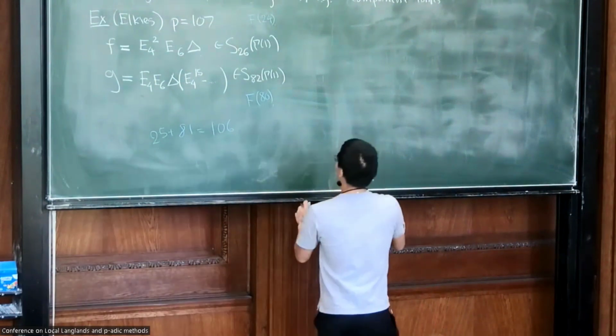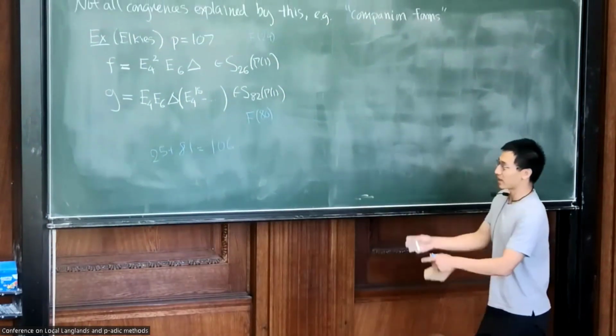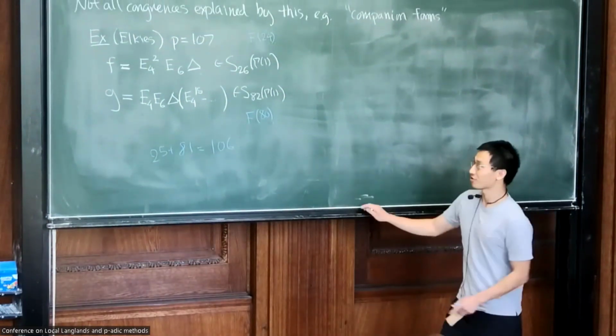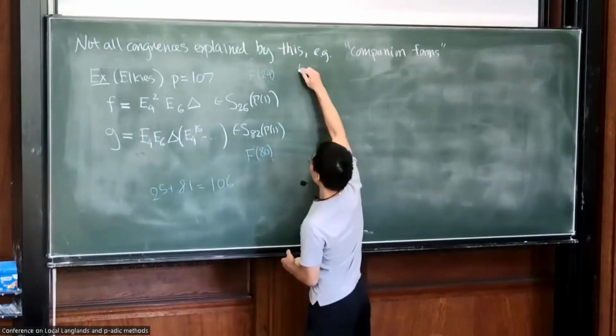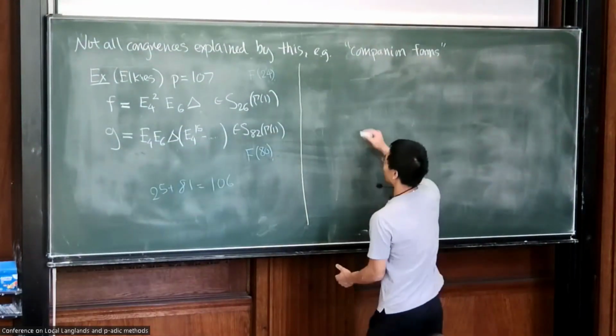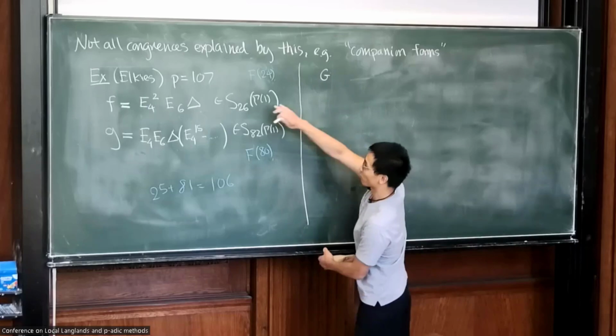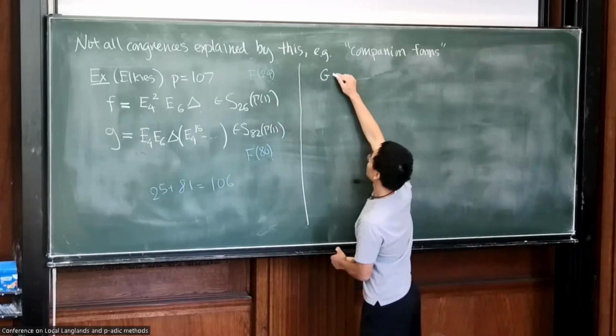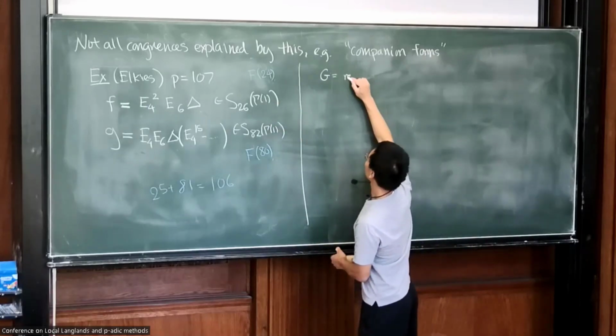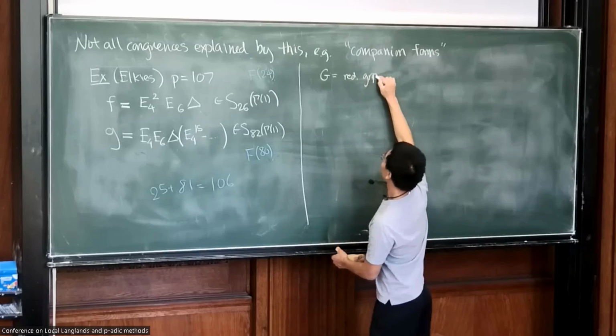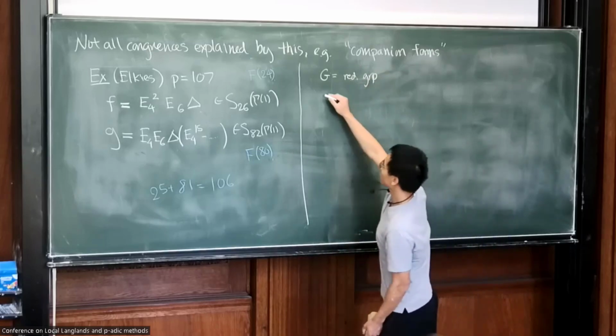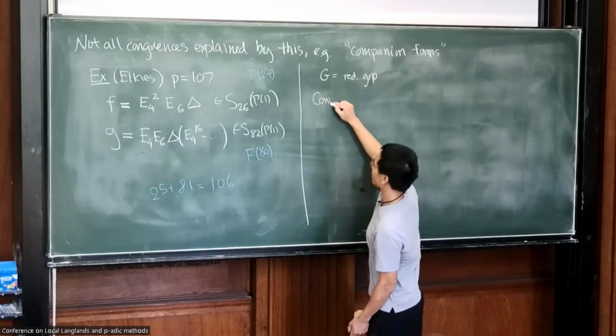So actually, Brandon already explained what is the mechanism for this kind of congruence to occur. So let me just review what he said in the context of a slightly more generality than we're talking about here. So G will be a reductive group over a number field, and we're going to be talking about a conjectural picture.